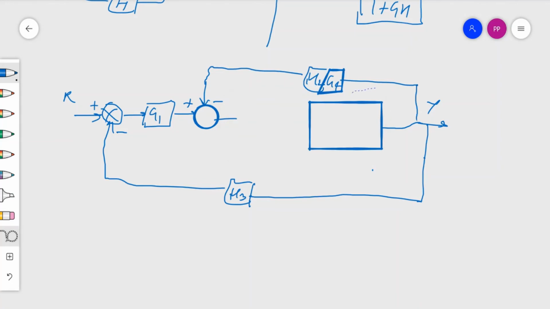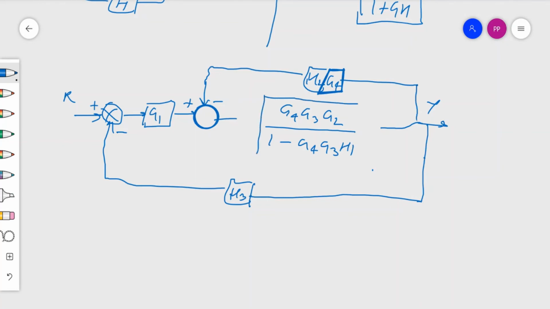Let me delete this block, and instead of this block we can write over here the block with G4 G3 G2 divided by 1 minus G4 G3 H1, and this is a complete block at this point of time.